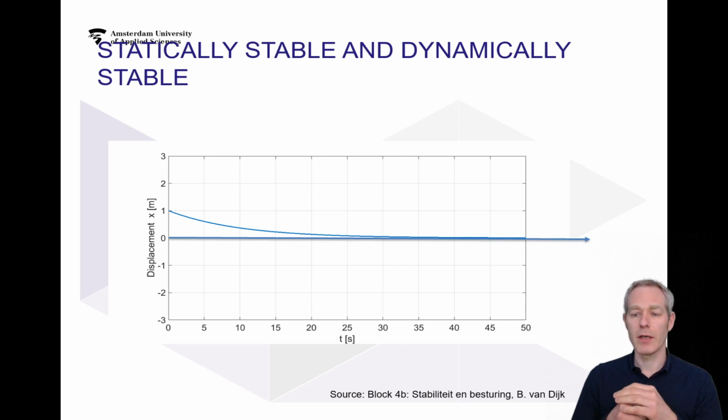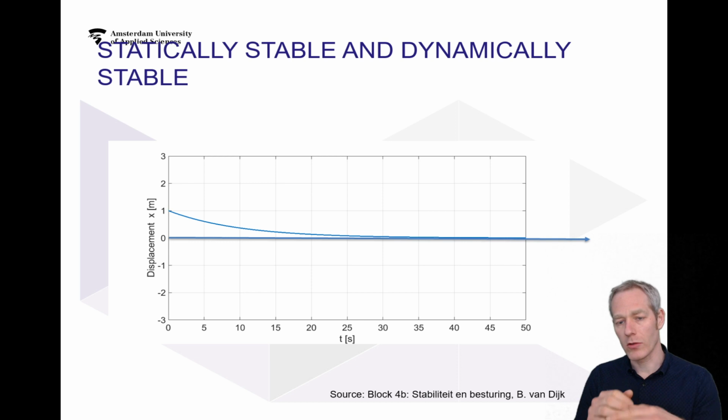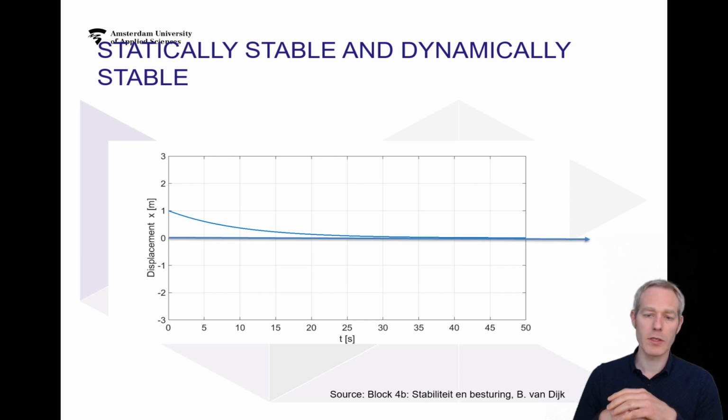Here we see a system where there are no oscillations. It's been perturbed, it goes back towards its equilibrium position, so it's statically stable, and over time it goes towards its equilibrium position and stays there, and so it's dynamically stable as well.